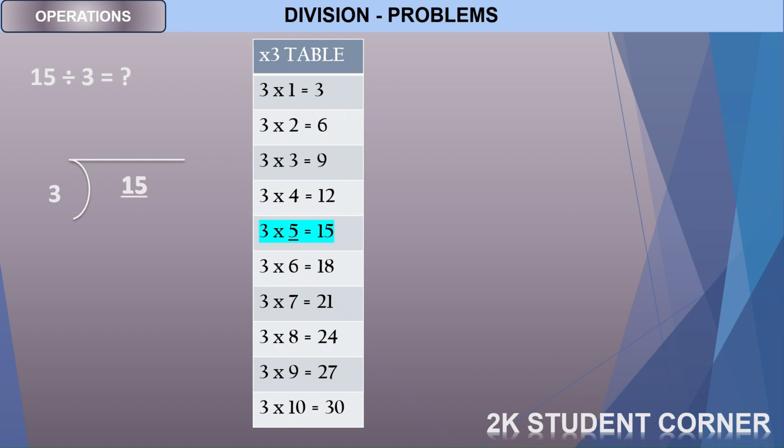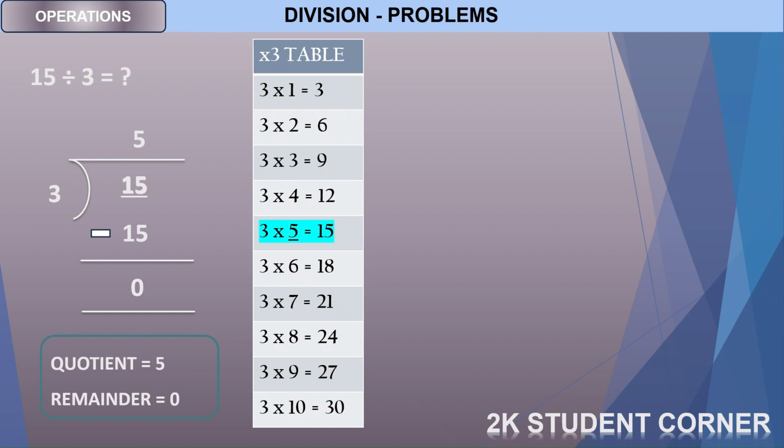Now 15 is greater than 3. 3 times table. 3 times 5 is equal to 15. Place 5 in the quotient place. 15 below the dividend. 15 minus 15 is equal to 0. Answer. 5 is the quotient. 0 is the remainder.